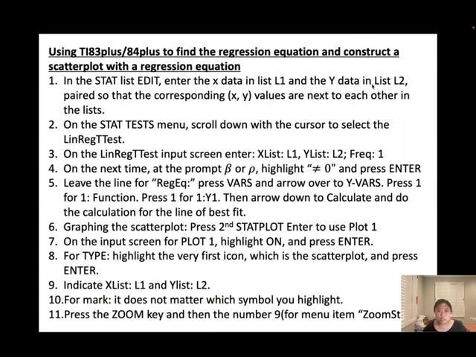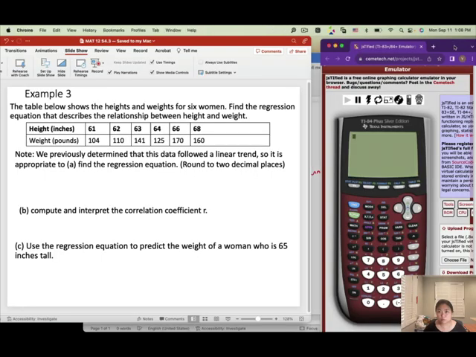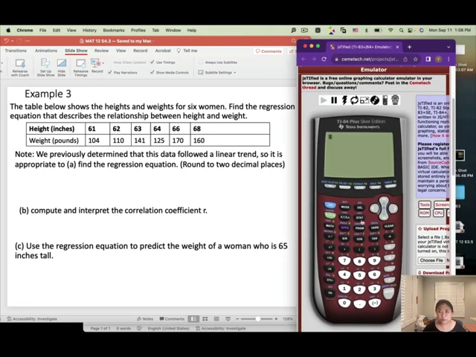Okay, this is the instruction for how to find the regression equation and construct a scatter plot with the regression equation using the calculator. Let's do it together. Click on STAT, click on number 1, Edit. First, I'm going to delete all the data in L1 and L2. Now I'm going to input the height in L1 and the weight in L2.